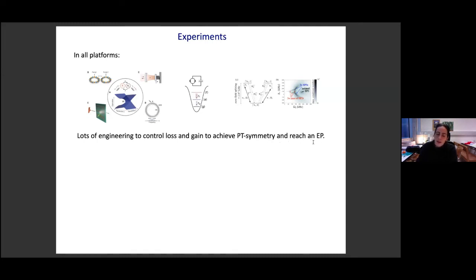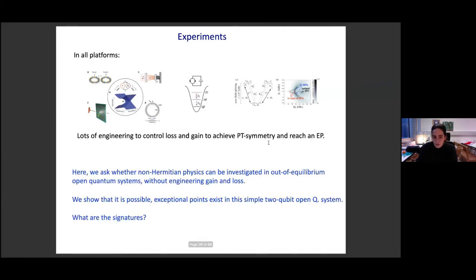And in fact, with my colleagues in Geneva, we were asking quite different questions, namely whether it's possible to investigate this interesting physics with just out of equilibrium open quantum systems without engineering gain and loss. Can we see these types of physics when we do not engineer gain and loss?